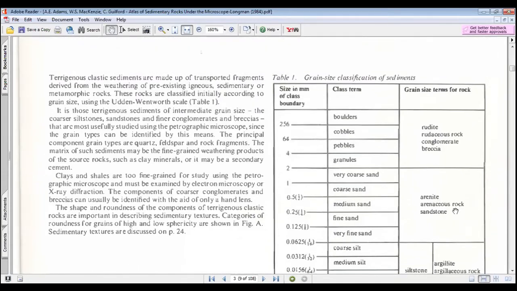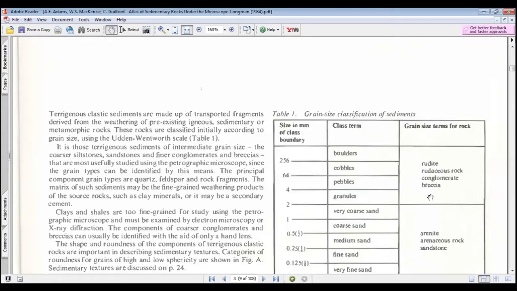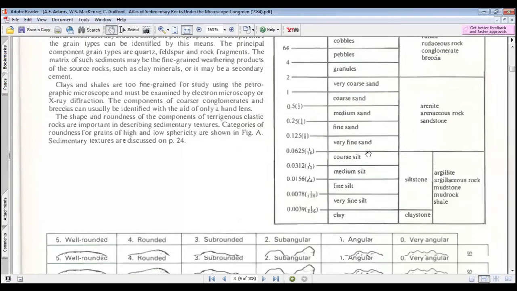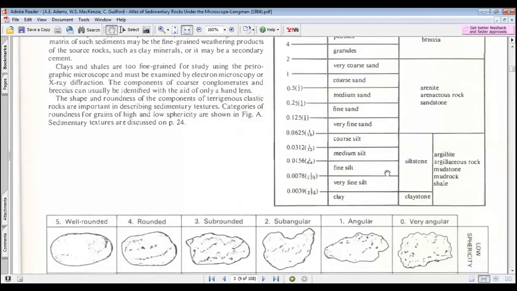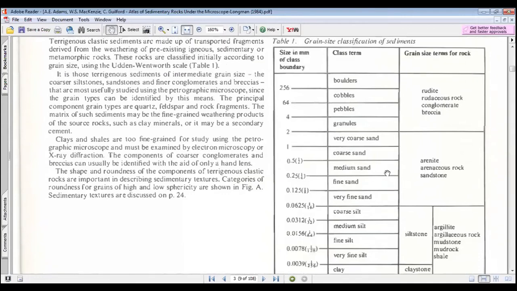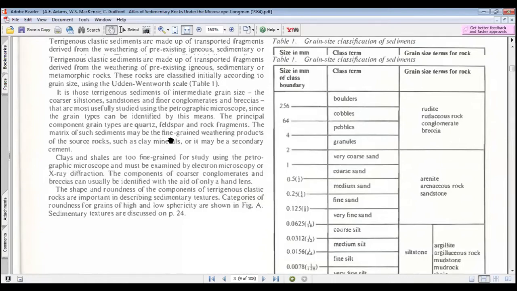Similarly, you might have heard the terms arenaceous rocks, arenite, sandstone, and then come the rudaceous rocks, conglomerates, breccia. You can clearly see a distinction between the different size terms that we can use, and they are very important when it comes to petrographic observations for sedimentary rocks.